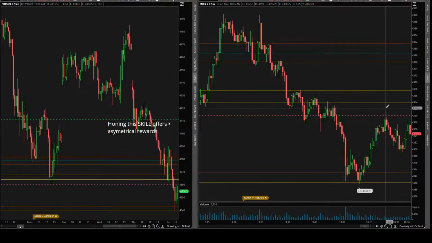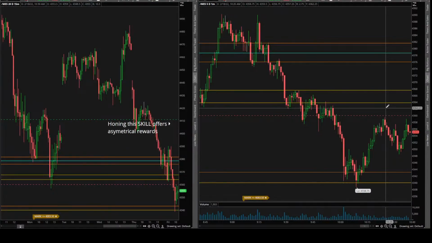Watching NASDAQ too to see if we can get any strength from it. Let's see if we get up in there.